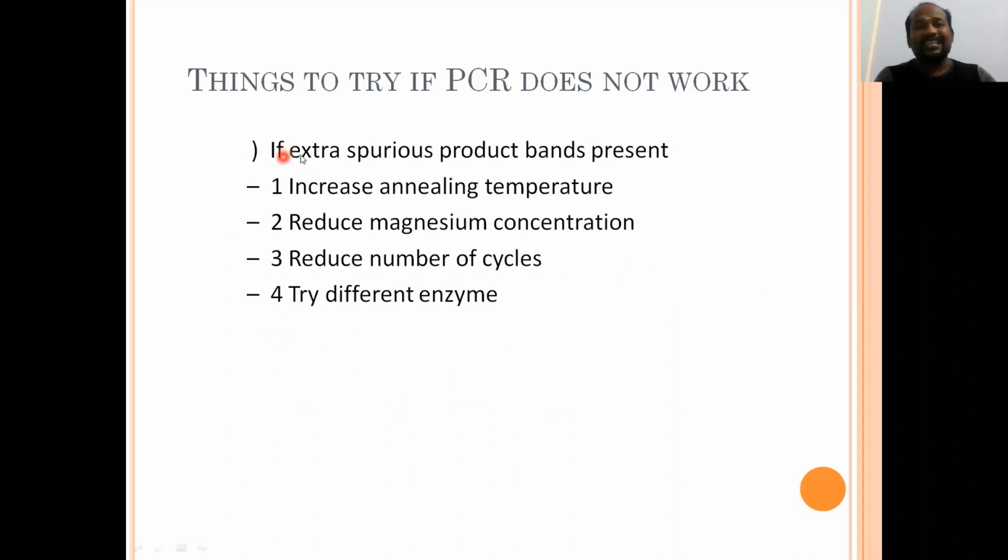If any extra spurious product band is found, if the DNA band is excess or the size is more or some extra bands are produced, we may increase the annealing temperature, reduce the magnesium ion concentration, reduce the number of cycles, or go with different enzymes.